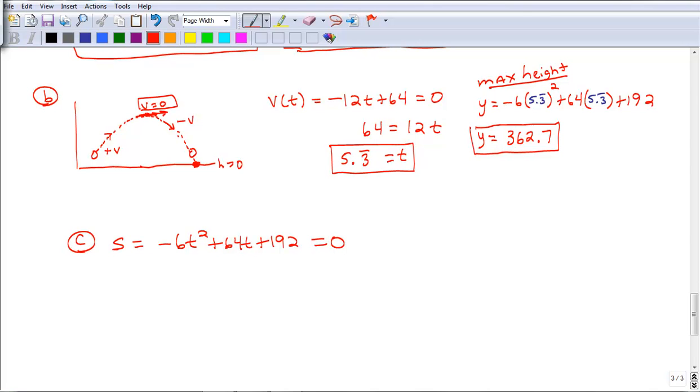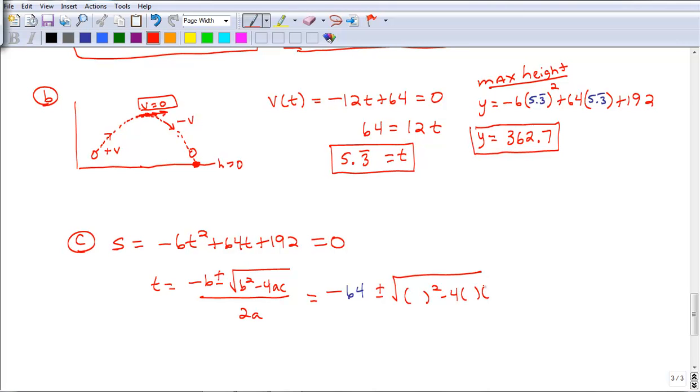That tells me that t is -b plus or minus the square root of b squared minus 4ac all over 2a. So I'm just going to fill in the a, b, and c. A is -6. B is 64. C is 192.